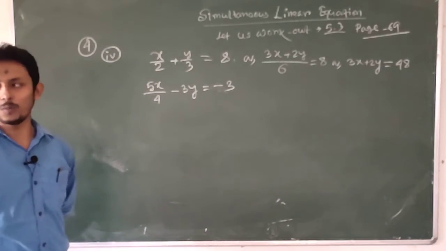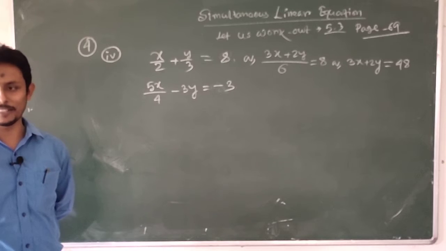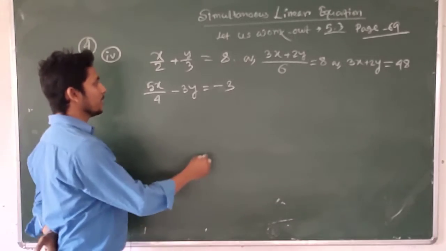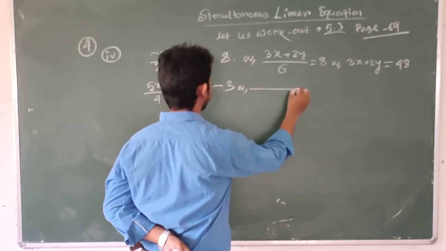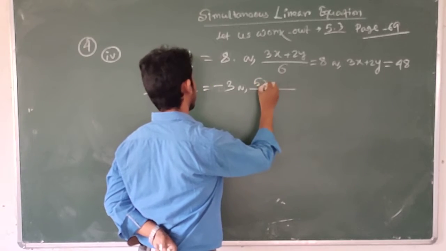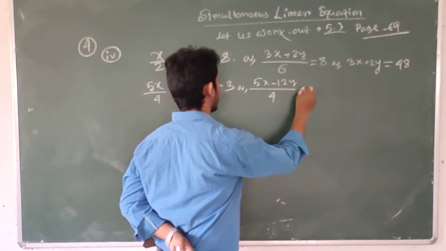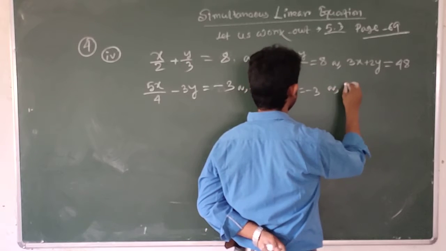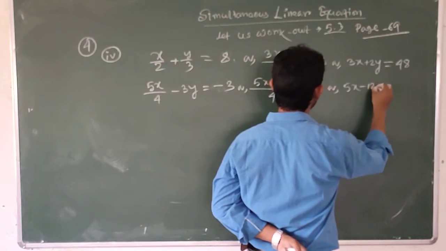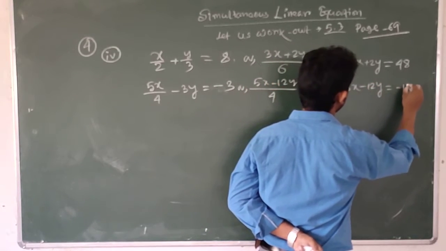Now it is represented like this, so it will be easier to do. Now here you can do this also. 4 is there, 5x minus 12y equals minus 3. That means 5x minus 12y equals minus 12.